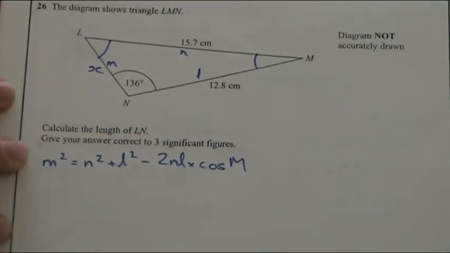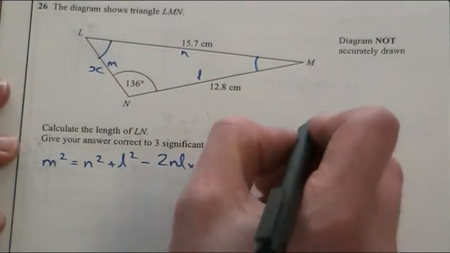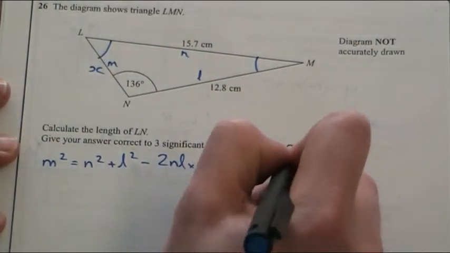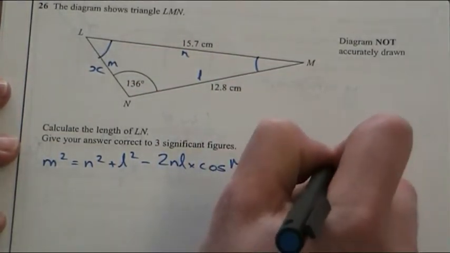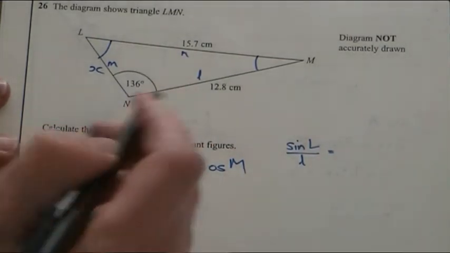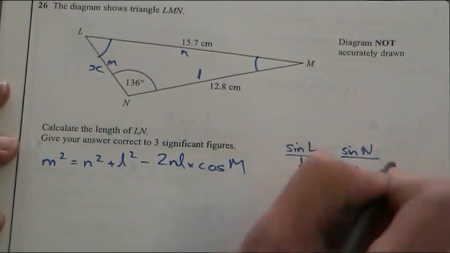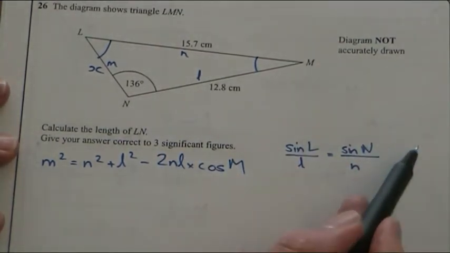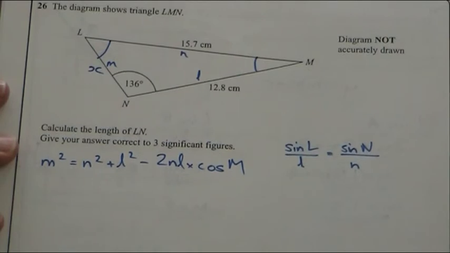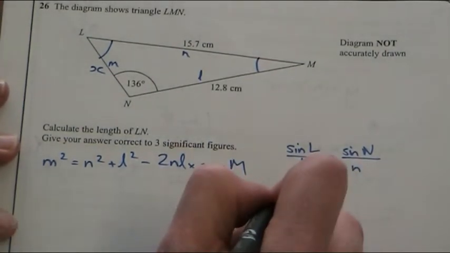So over here I'm going to write this. Sine of angle L divided by l is equal to sine of angle N over little n. I could put sine of m over m, but then I would be cancelling those out. So let's put the numbers in.